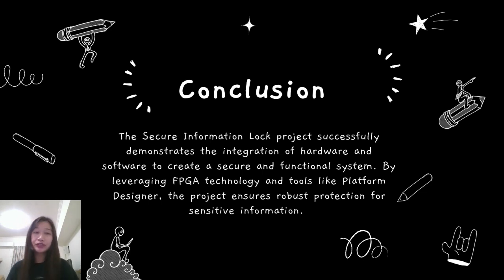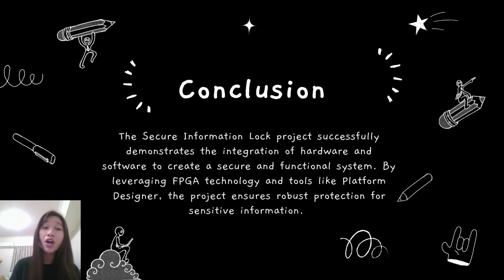So, to conclude, the Secure Information Lock project successfully demonstrates the integration of hardware and software to create a secure and functional system. By leveraging FPGA technology and tools like Platform Designer, the project ensures robust protection for sensitive information. The implementation of passcode verification, coupled with user-controlled display mechanisms, highlights the importance of security in modern embedded systems.